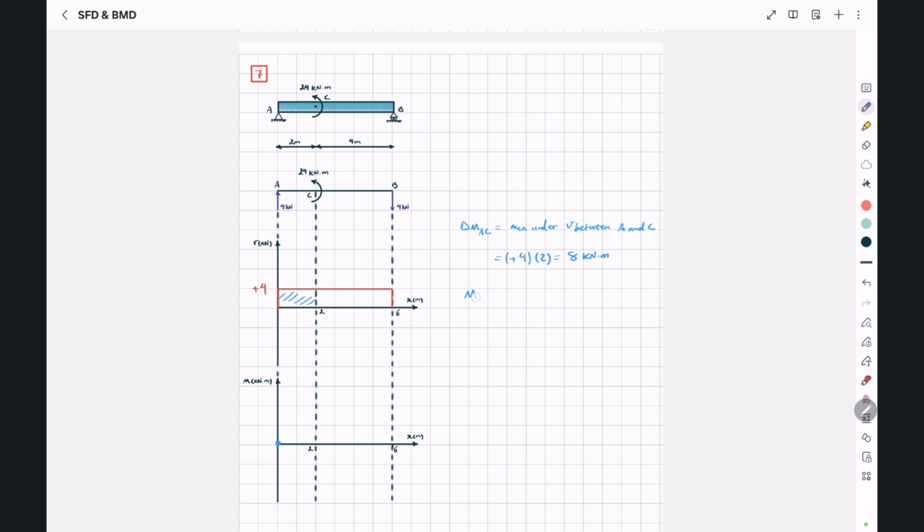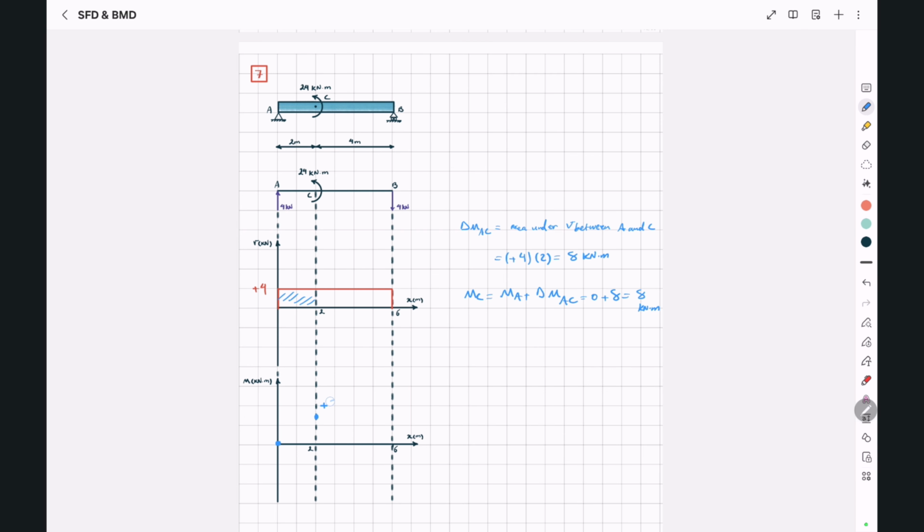Now, MC will be equal to MA plus delta MAC, and we know MA was equal to 0, so this will be equal to 0 plus 8, or 8 kilonewton meter. We can assume that 8 is somewhere around here.